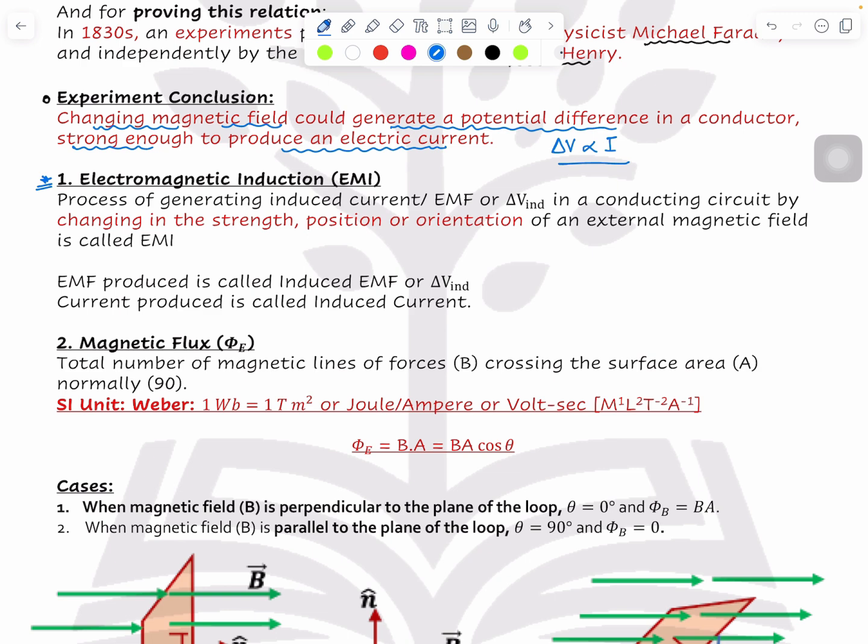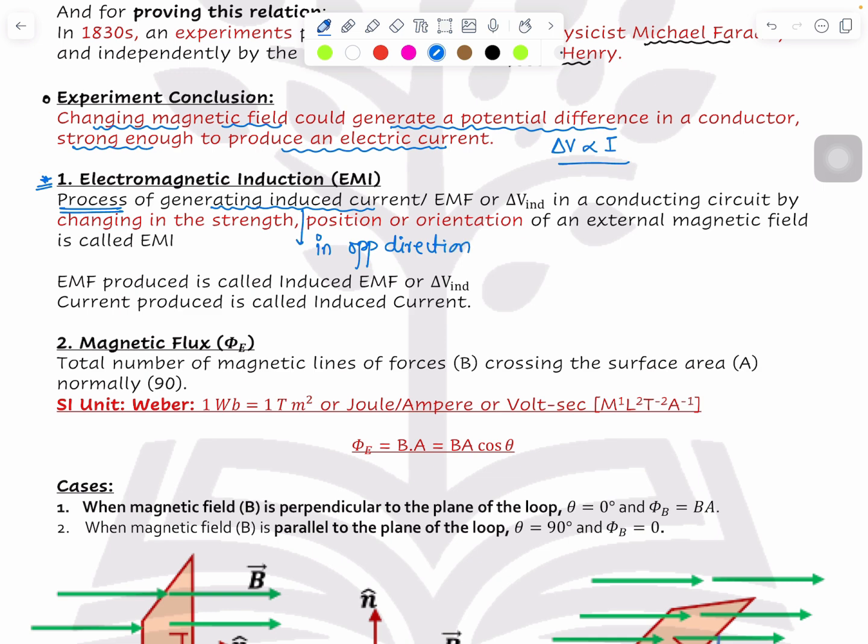What is electromagnetic induction? The process of generating induced current, which means current in the opposite direction, in a conducting circuit by changing.